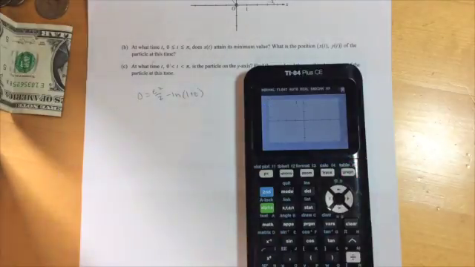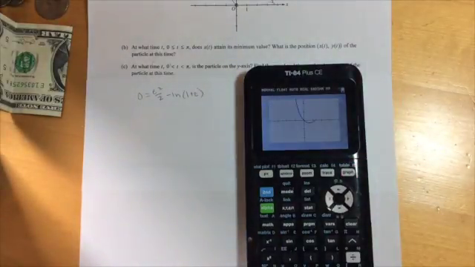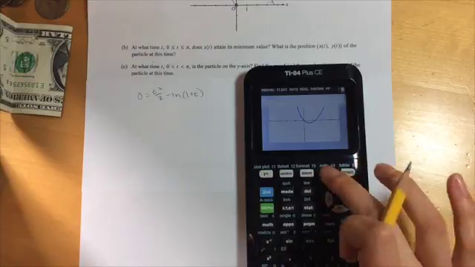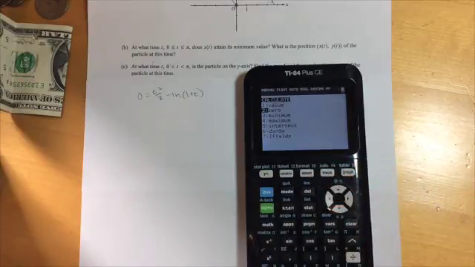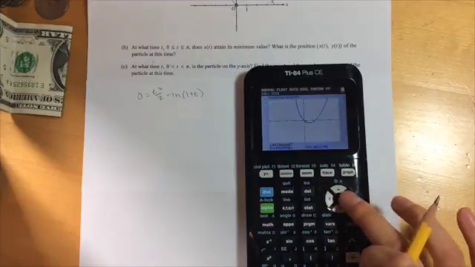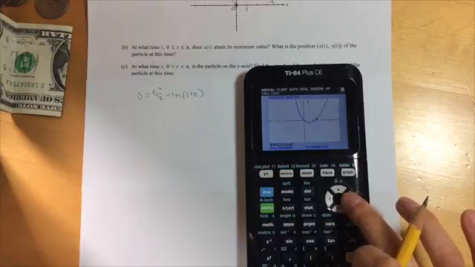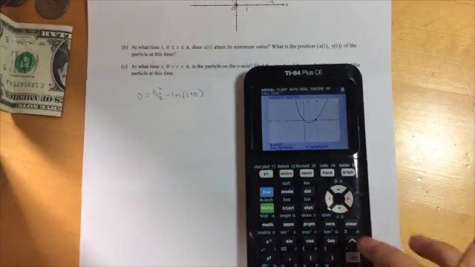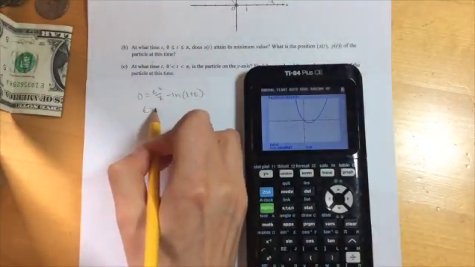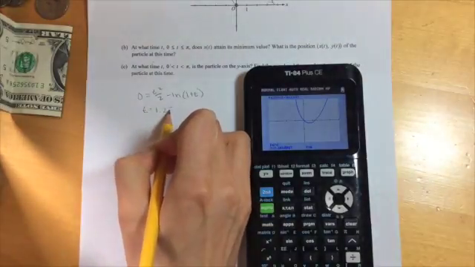And you can graph it and then find when it equals 0. And that is when t equals 1.286.